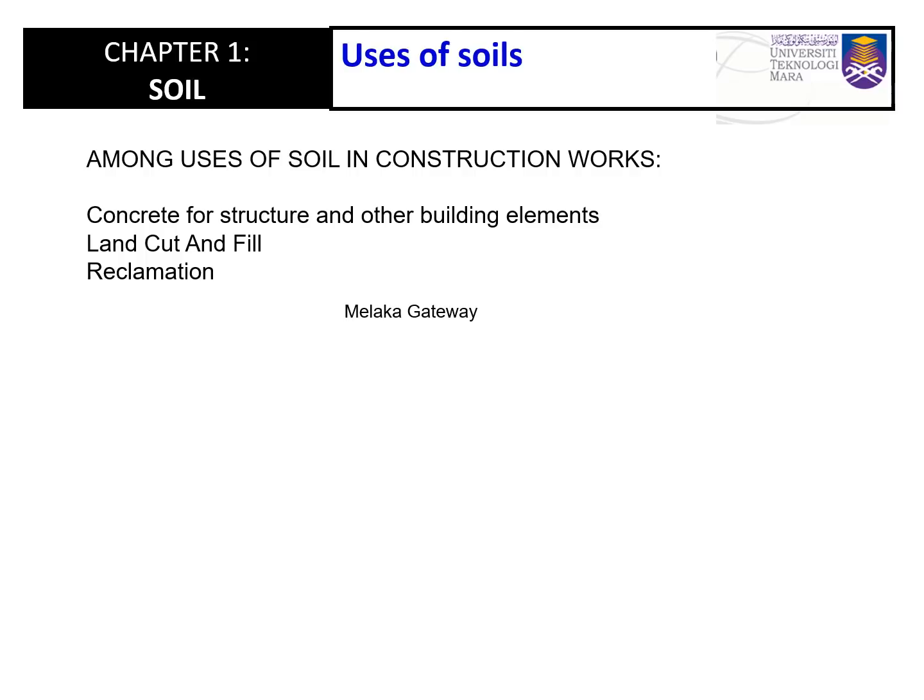Uses of soil. Among uses of soil in the construction works, we use soil, sand, for concrete or plastering. You have learned on how to mix the concrete. We have different ratios for concrete mixtures and different ratios for plastering work. You've learned this in semester 1 if I'm not mistaken.